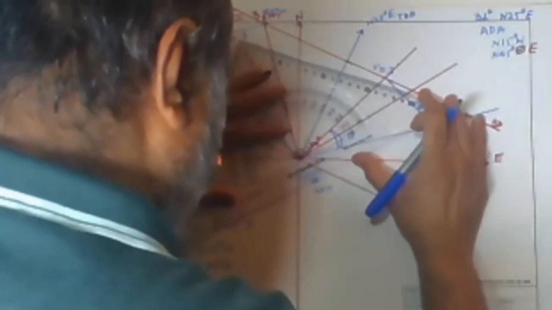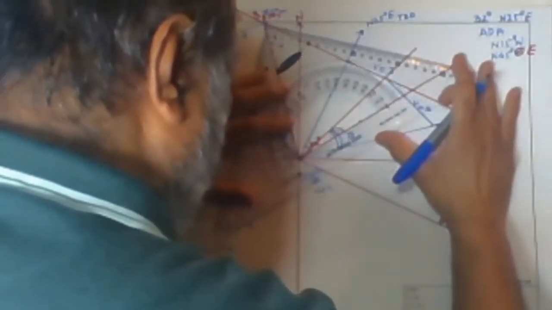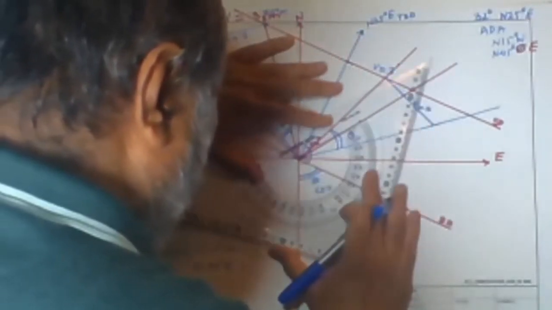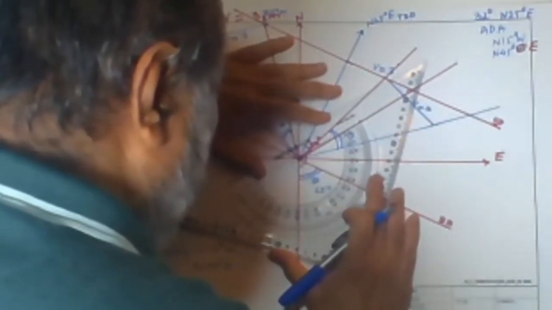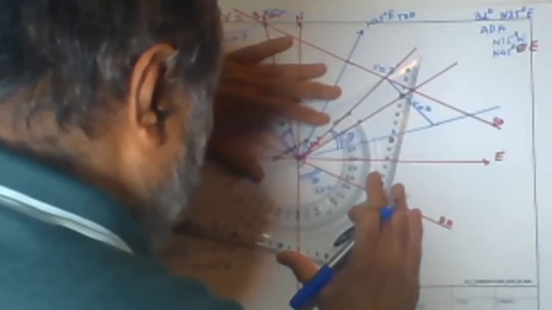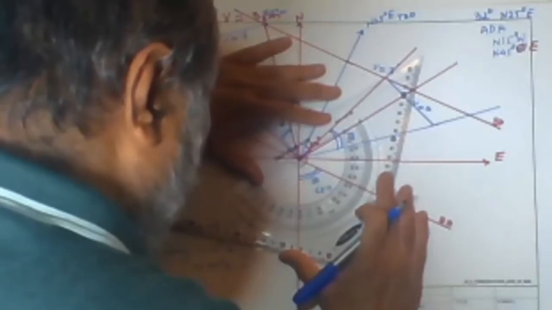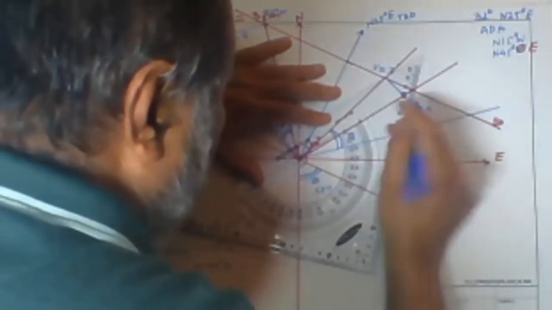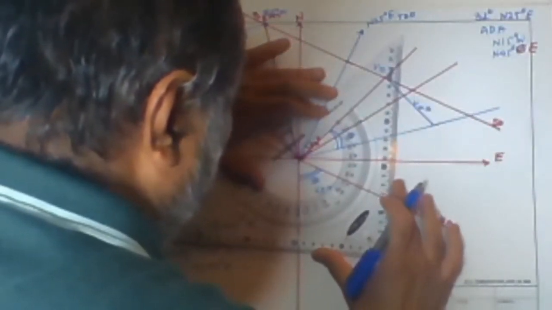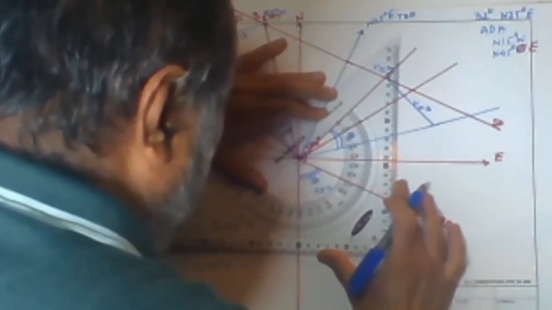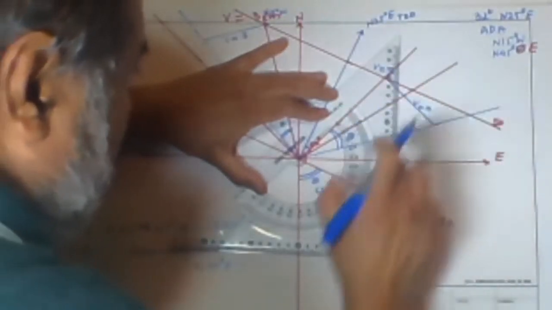So this angle you have to measure it out. This center should be followed. This line has to be followed together. Now you have to take the angle between these lines. Yes, between this line and this line.